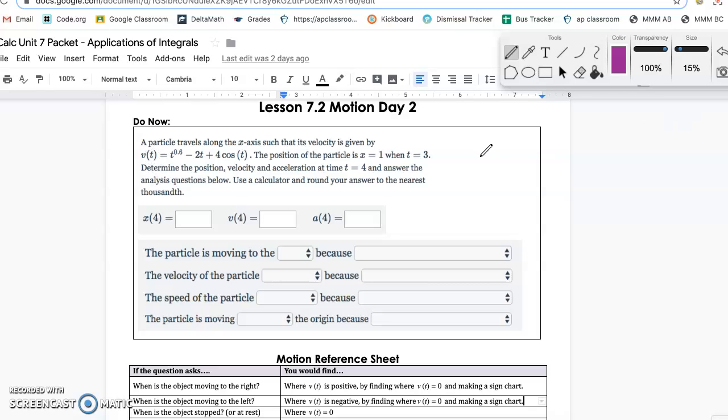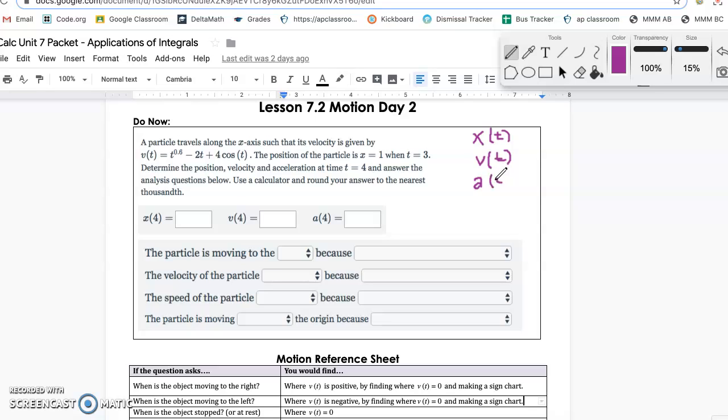So first thing I'm going to do is I'm given v of t, so I write v of t here, and I know that I also have x of t, which is position, and I have acceleration, a of t.